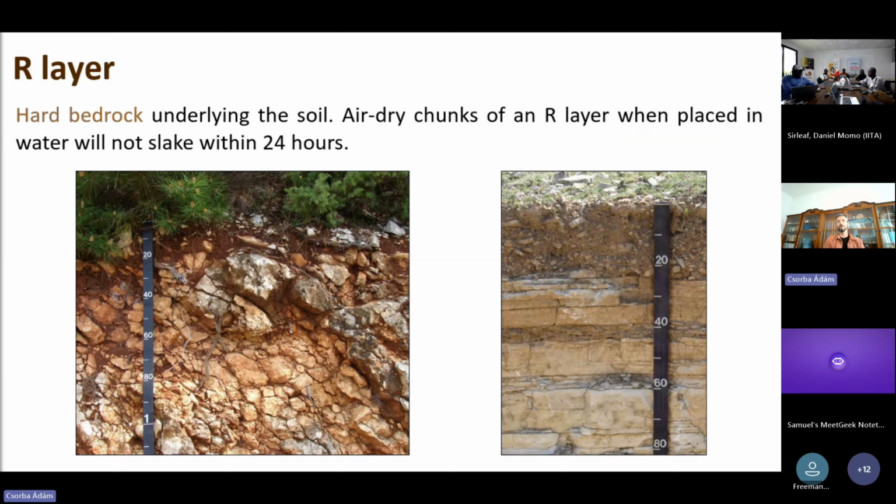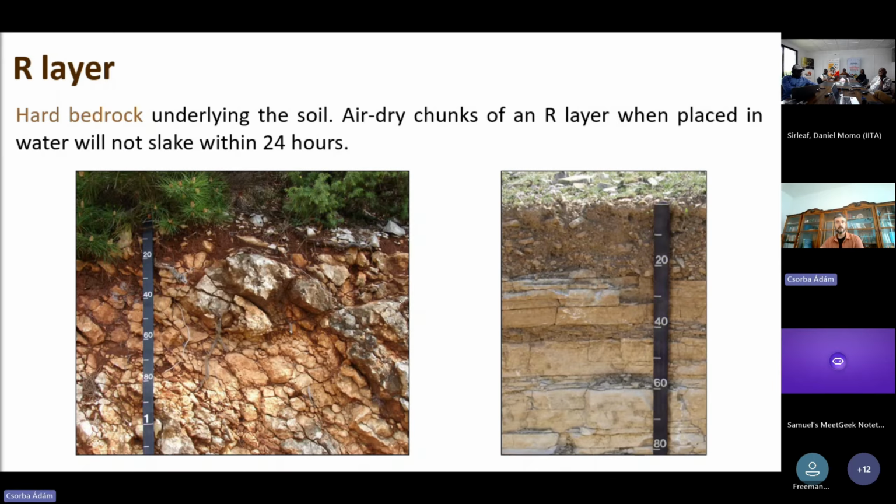In practical field terms, the key feature is penetration resistance. An R horizon cannot be cut with a spade. For example, limestone, granite, sandstone. Roots may enter only into the cracks or fractures, but the material itself remains a hard rock rather than pedogenetically altered soil material.